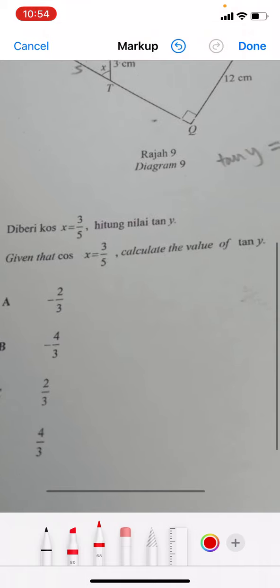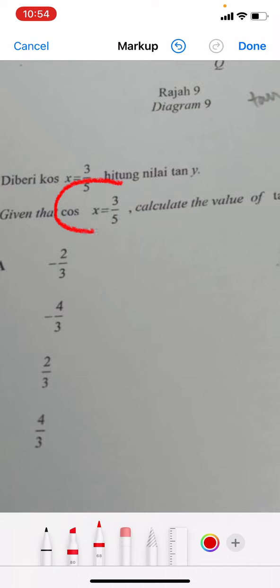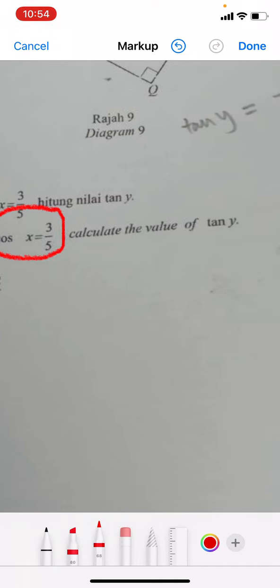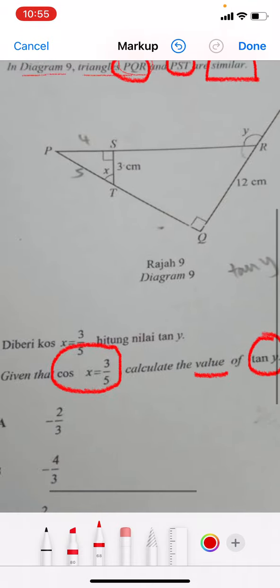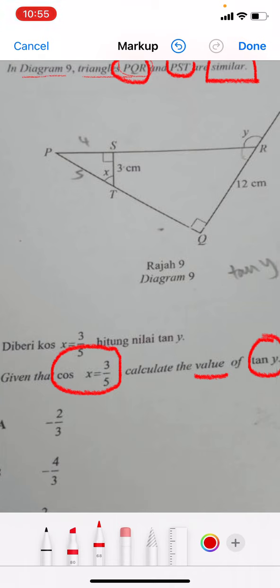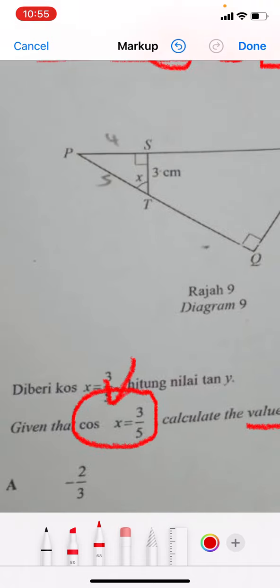Now, first of all, the question says given that cos x equals 3 over 5, and the instruction is to find the value of tangent y. So let's go to the triangle based on this. These are the important keywords. Cos x is 3 over 5. So our friend is doing the right thing.